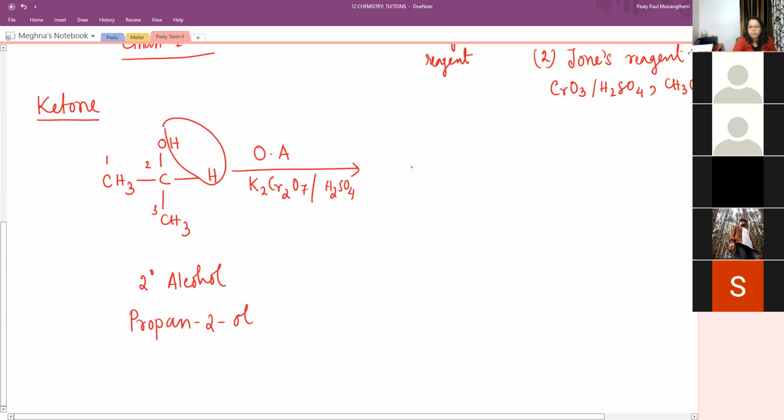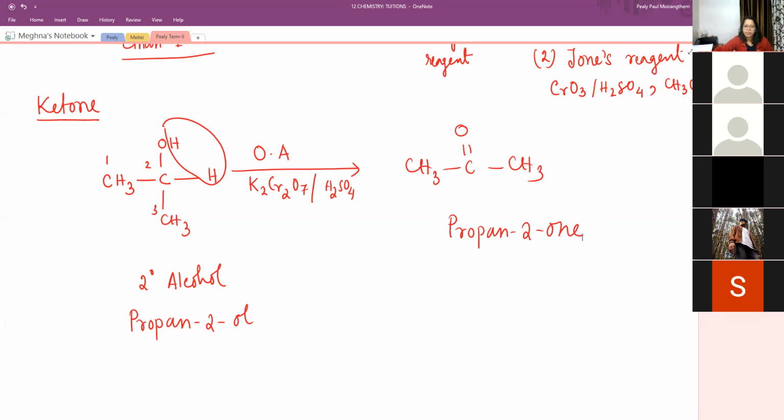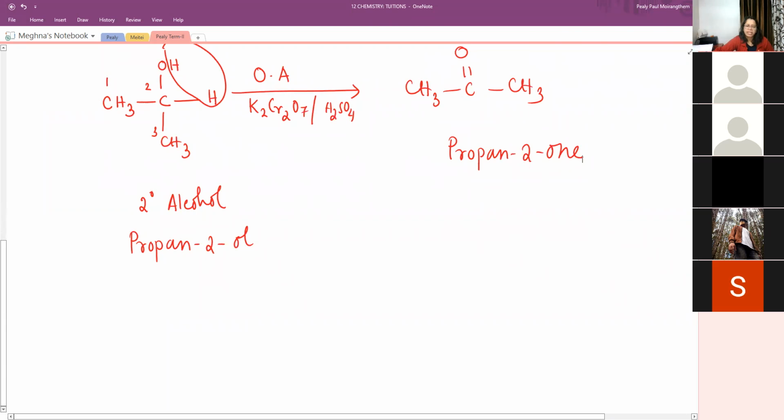Hydrogen will come out, so obviously we'll get propanone. So alcohol can be converted into aldehyde and ketone as well as carboxylic acid. Basically, I'm discussing aldehyde and ketone right now; carboxylic acid I'll discuss separately. Now you have to answer me this one.